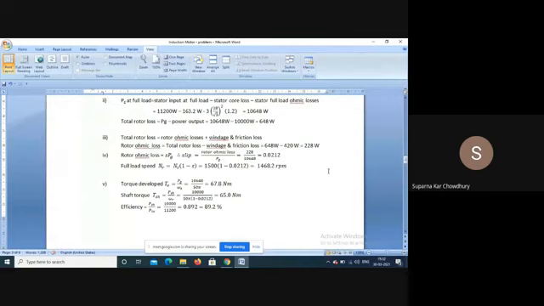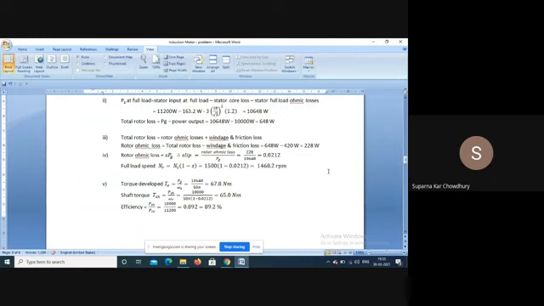Torque developed is the air gap power divided by the synchronous speed in radian per second. So air gap power is 10648 divided by synchronous speed in radian per second, 50 pi, that will give you 67.8 Newton meter. So shaft torque will be P shaft by omega R. Putting the values, P shaft is 10,000, the rated power output.